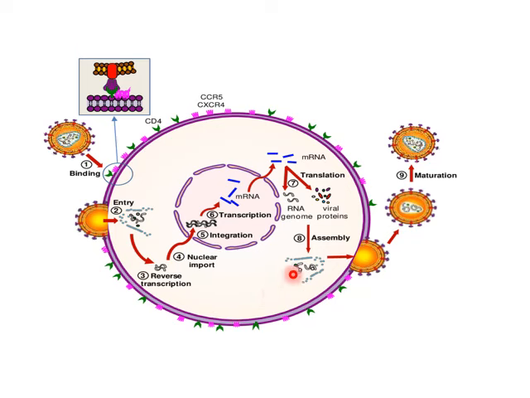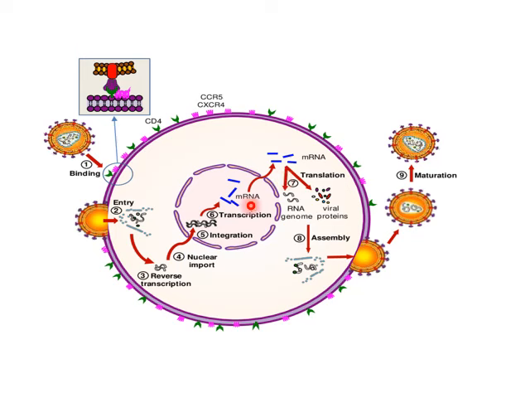The host cell's machinery transcribes the proviral DNA into the messenger RNA. So there's going to be transcription of this provirus into the messenger RNA, which is then translated into the viral proteins by the host cell's ribosomes.